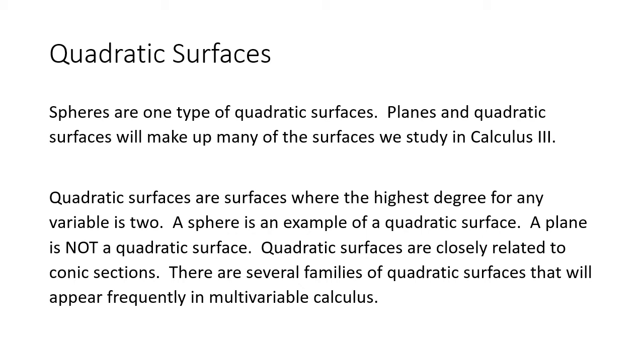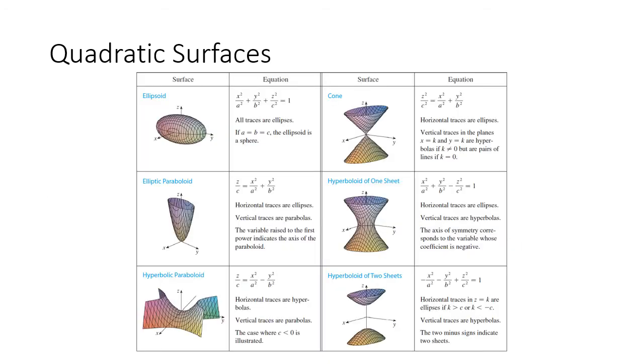Quadratic surfaces are very closely related to conic sections. It would be a good idea to review a little bit of conic sections, a little half-hour refresher if it's been a while, because all these surfaces are built out of those families of conic sections. Typically our surfaces fall into one of 6 categories, and this table is in your book.